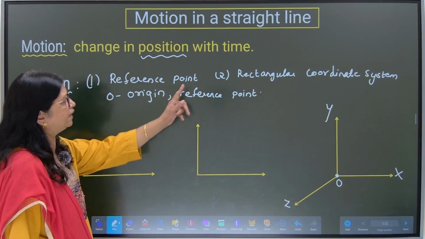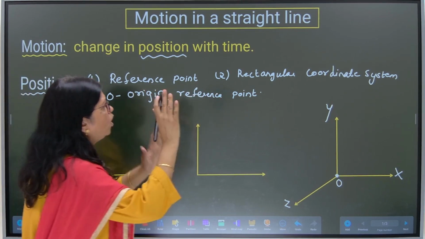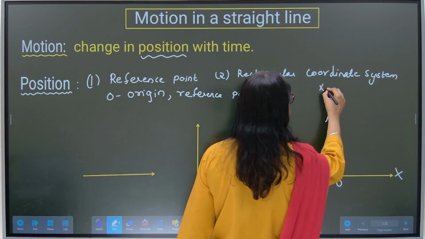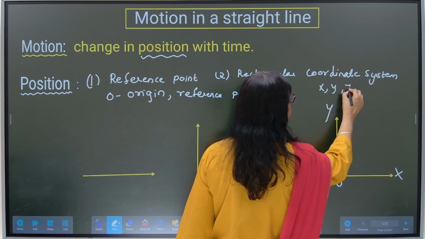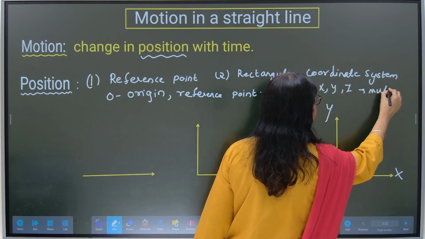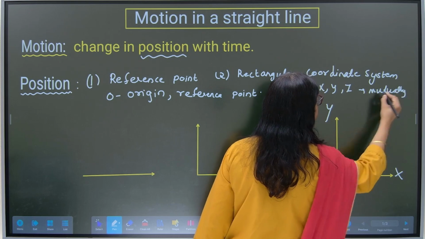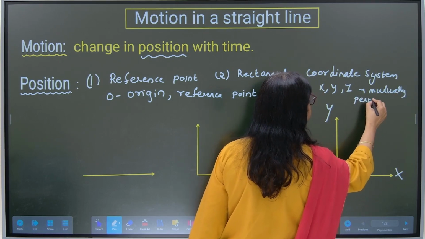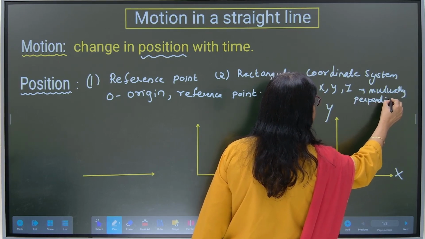The rectangular coordinate system is a combination of x, y and z axes which are mutually perpendicular to each other.